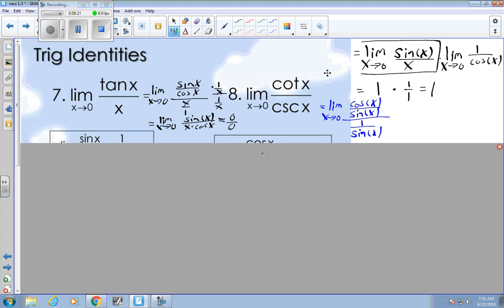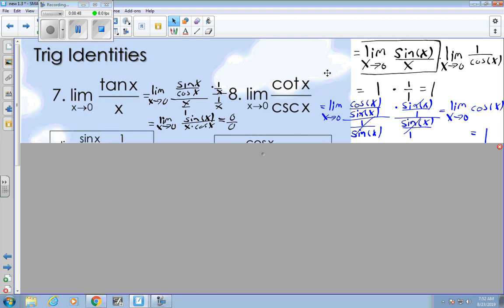So multiply by the reciprocal. Of course the bottom just cancels out, and even the signs just cancel. So I'm really just left with the limit as x approaches 0 of cosine of x. What's cosine of 0? There's your answer.